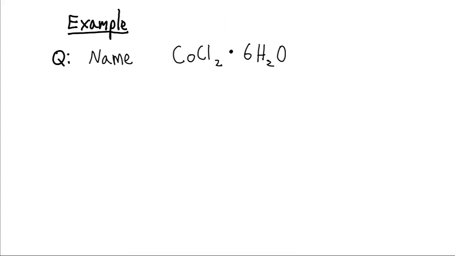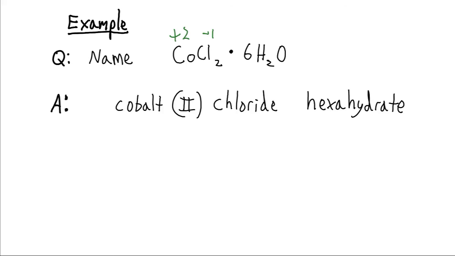And the charges here, I suppose since chlorine is a halogen, it's always -1. And since there are 2 of those, cobalt better be +2 in order to make sure we have a neutral compound. So we have our cobalt(II) chloride, and we have 6 waters, so in Greek notation that is hexahydrate.